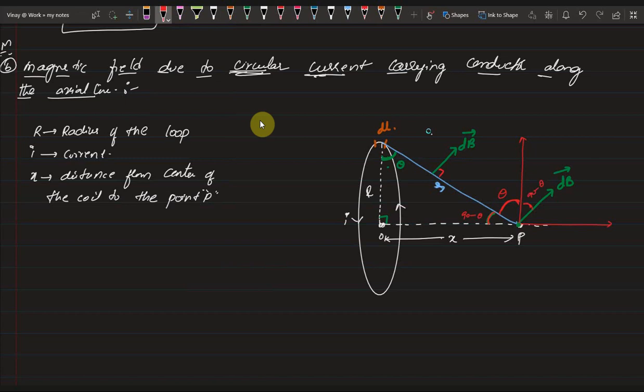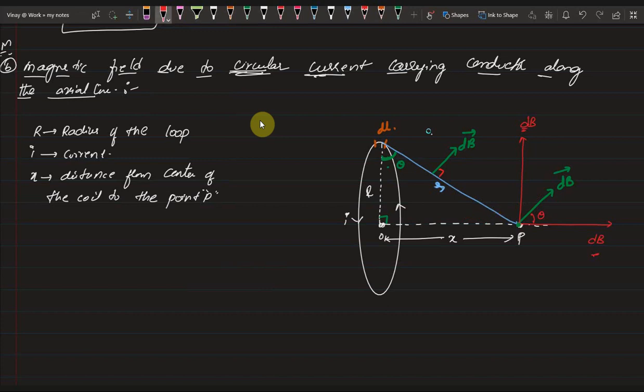So if this angle is theta, then this angle will be 90 minus theta. If this angle is 90 minus theta, again this component and this component are perpendicular to each other, therefore again this angle becomes theta. Okay, so this is the concept. This is what I'm going to explain.